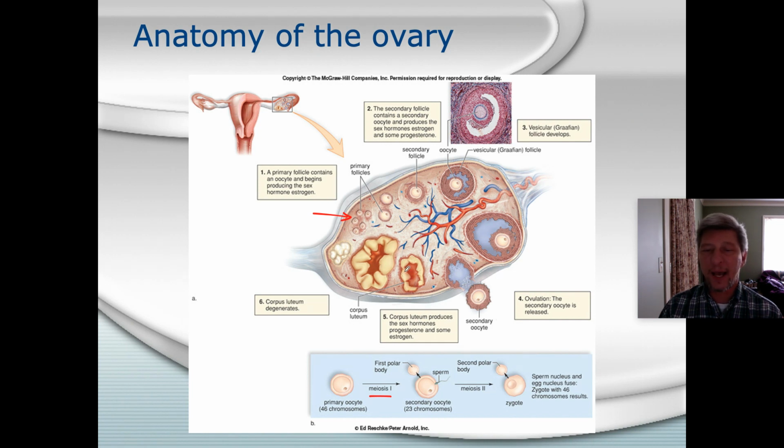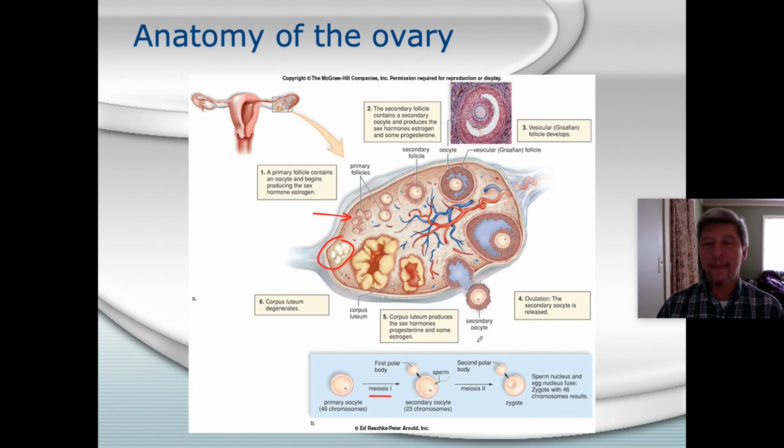And what's left behind is called the corpus luteum, which is essentially scar tissue. But that scar tissue is now producing not only estrogen, but also a hormone called progesterone. Okay, and eventually the corpus luteum will degenerate and the scar will heal up.